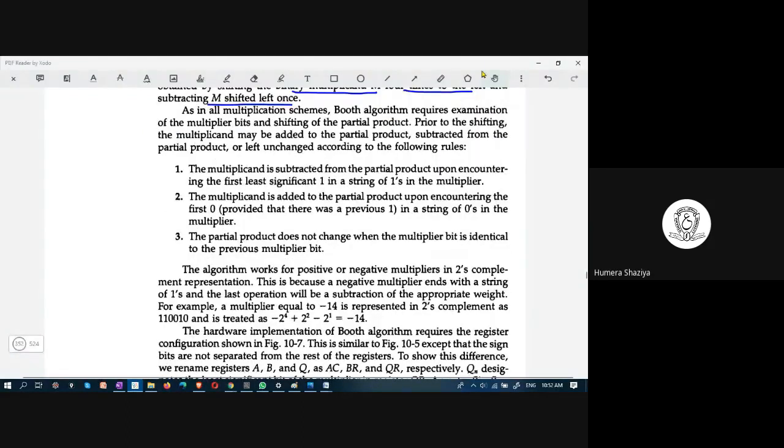These are the rules. The multiplicand is subtracted from the partial product upon encountering the first least significant one in the multiplier. The multiplicand is added to the partial product upon encountering the first 0.